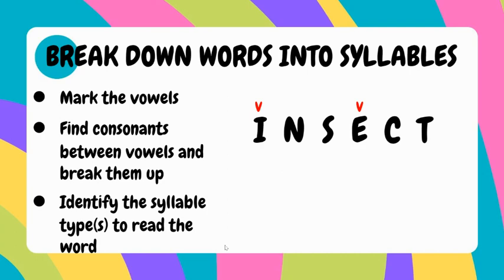So we have an I and an N. Most likely, our scholars will want to separate the N and the S, because we have an S in front of the E and a CT behind the E. So they would put a line between the N and the S.